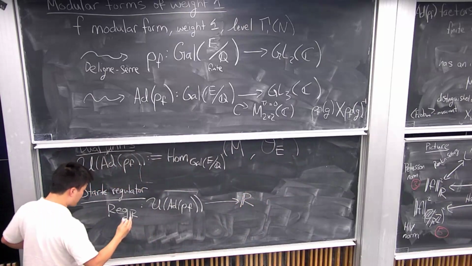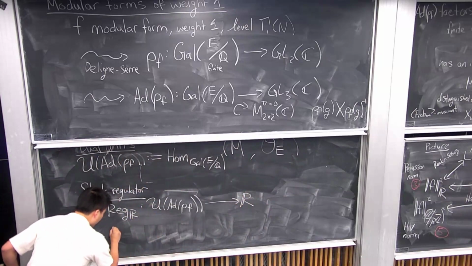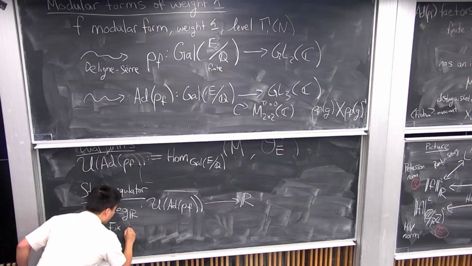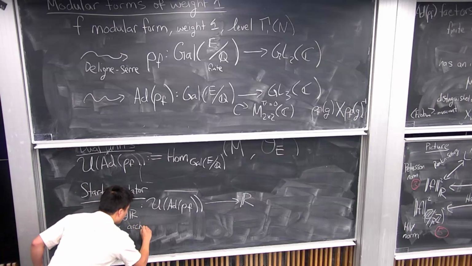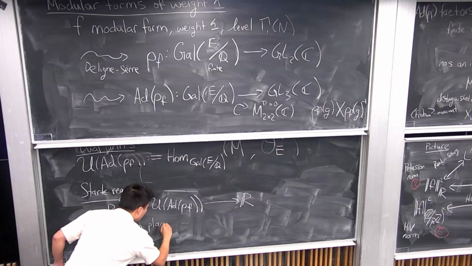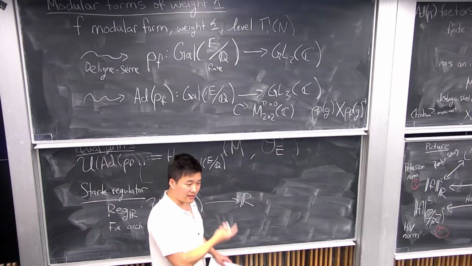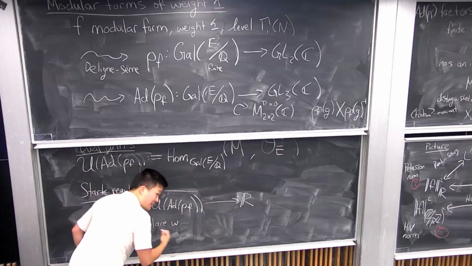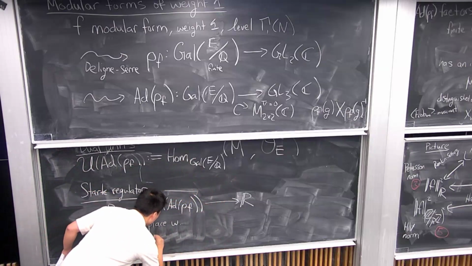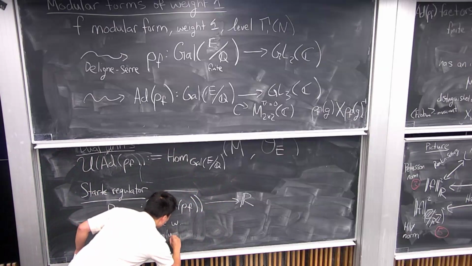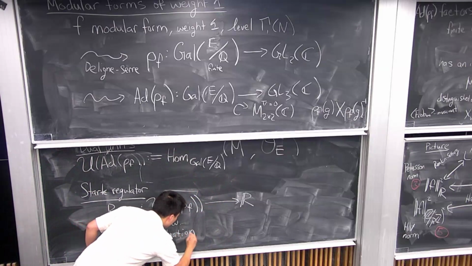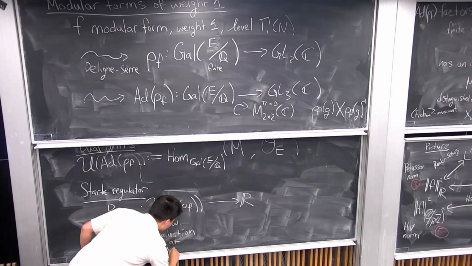And it's just defined by taking, so if I fix some Archimedean place W, I get some distinguished element x_W, so I can take the evaluation map at x_W.